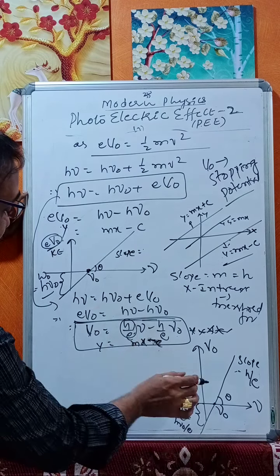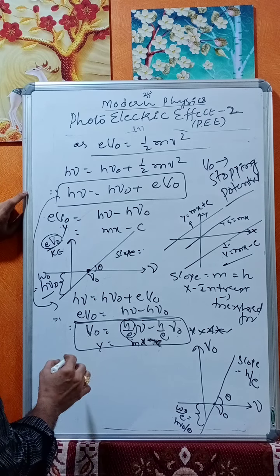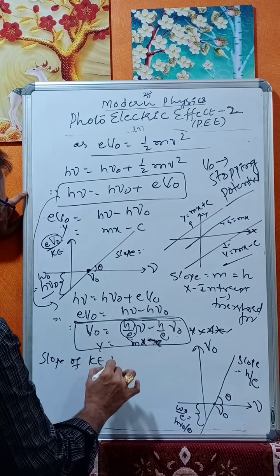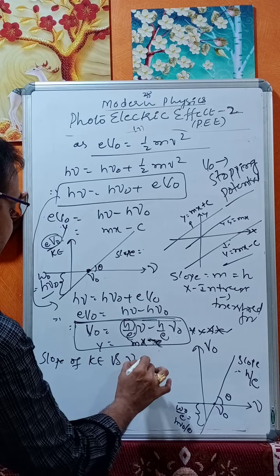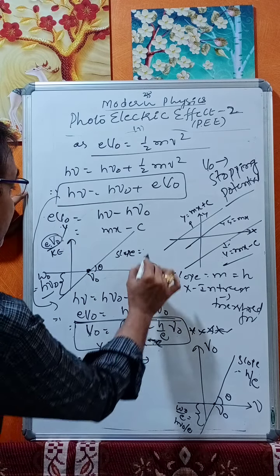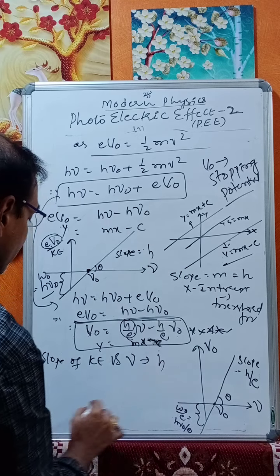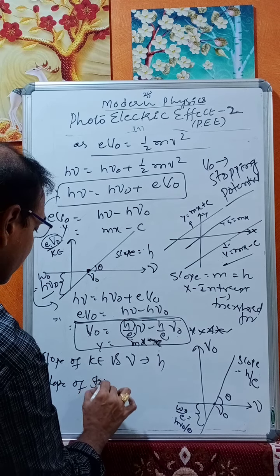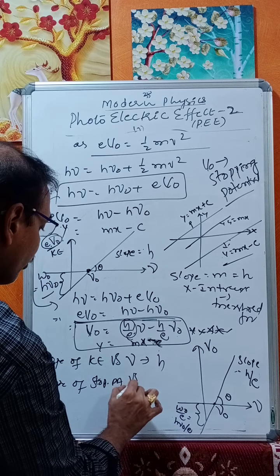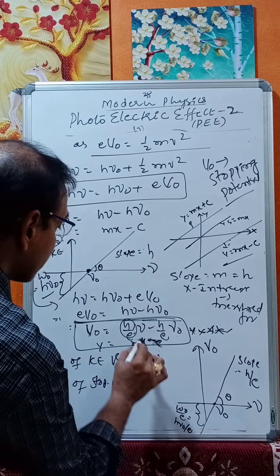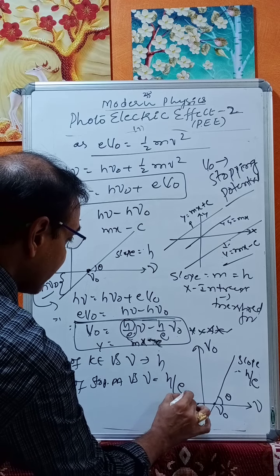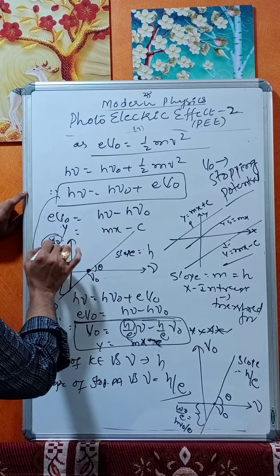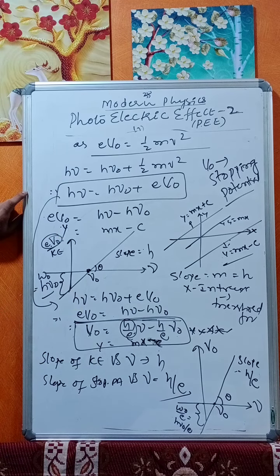So if you observe the difference between these two: the slope of the kinetic energy versus frequency graph gives h, Planck's constant. The slope of the stopping potential versus nu graph gives h by e, and the negative intercept gives h nu naught by e, where for kinetic energy versus frequency it is h nu naught.